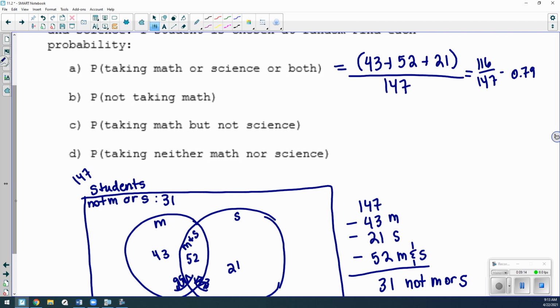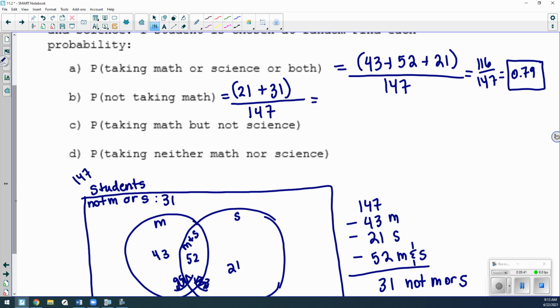So that means there's a 79% chance that a student at this high school is taking a math or a science class, or both. Next up, let's take a look at the probability of a student not taking a math class. Well, if they're not taking a math class, then maybe they're taking a science class, or maybe they're not taking anything at all. So I'm going to take 21 plus 31 and divide it by the total number of students.